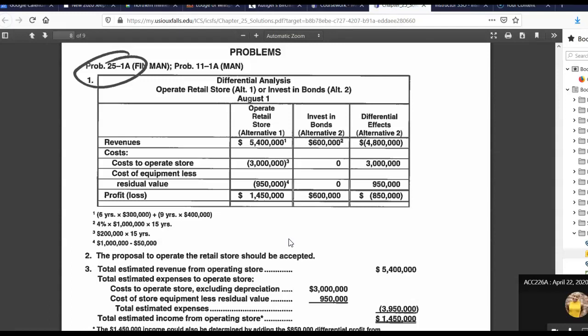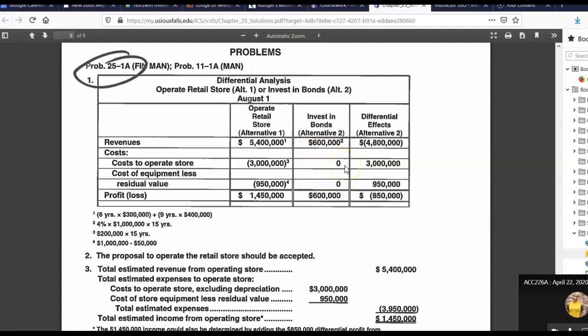So what they did here is, let's first just look at the bonds. That would be the $1 million at 4%. So 4% times $1 million at 15 years. That's a revenue of 600 grand. Which is nice, there are no costs when we're looking at the bonds.